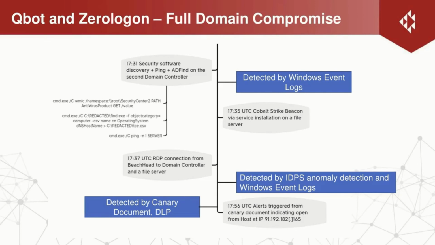But the reality is that an hour and a half has passed since the first event, to the point where documents are being exfiltrated to an external IP address in Russia. So there's a number of different places that a properly implemented, maintained, and monitored SOC would be able to detect this sort of attack taking place and perform mitigation and remediation actions.